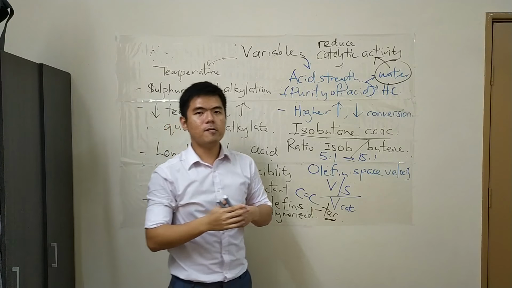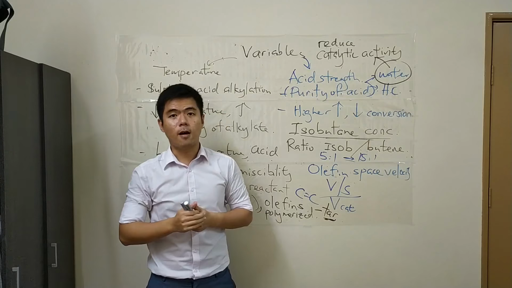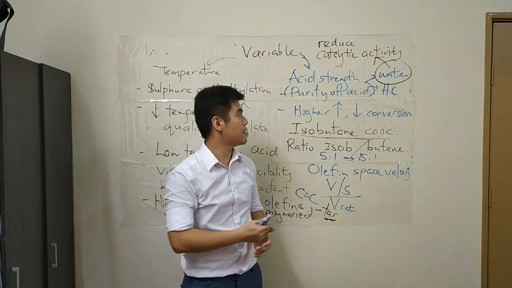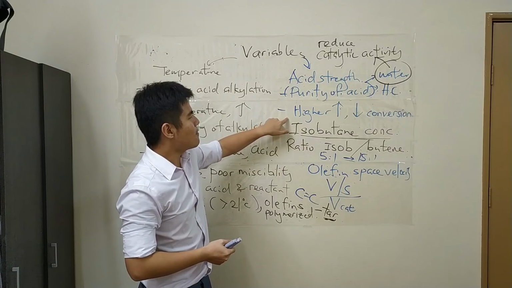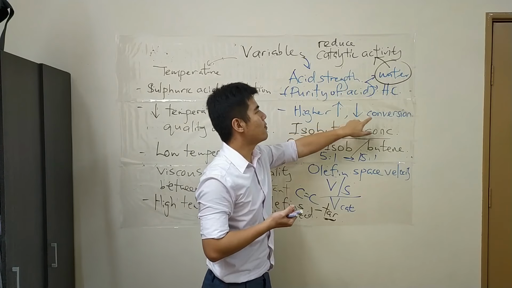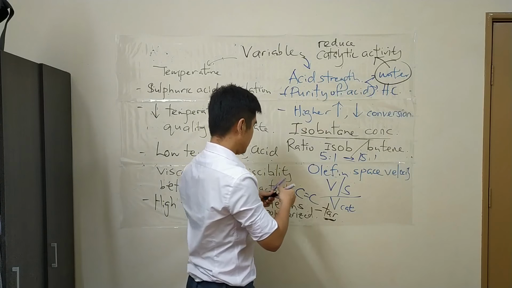So the presence of water is sometimes not favored because it will reduce the catalytic activity of the acid itself. So what we claim is that higher water content will reduce the conversions.